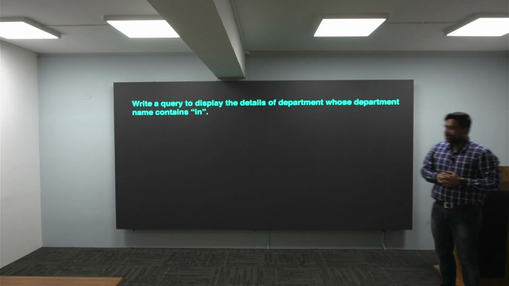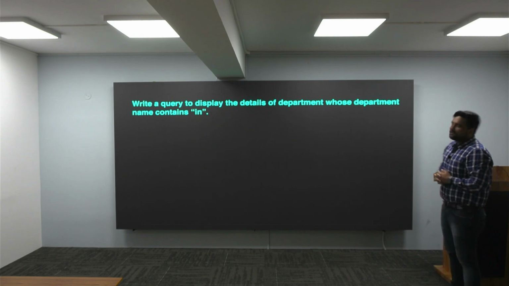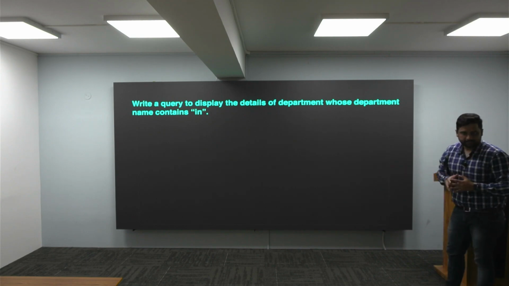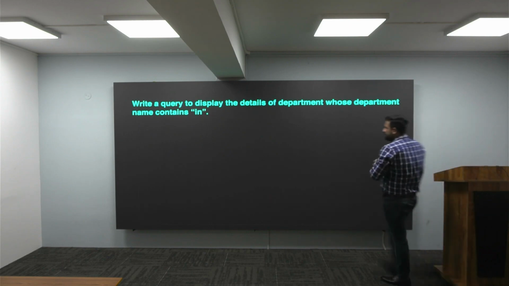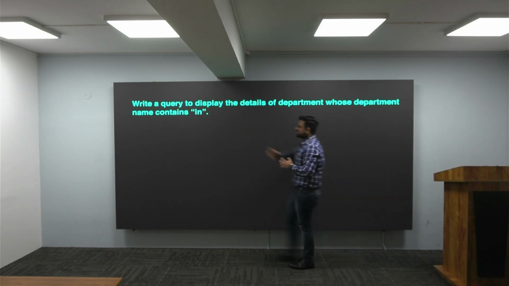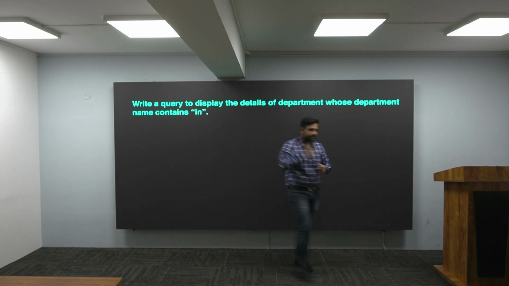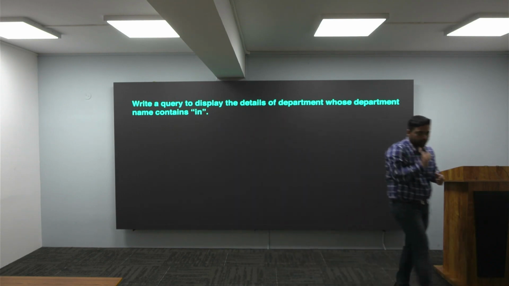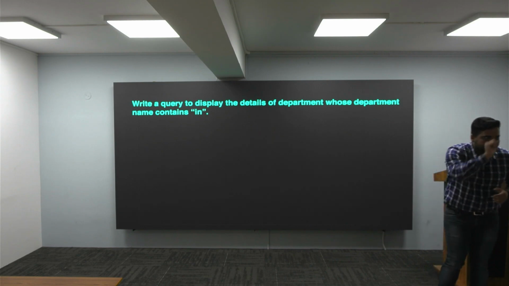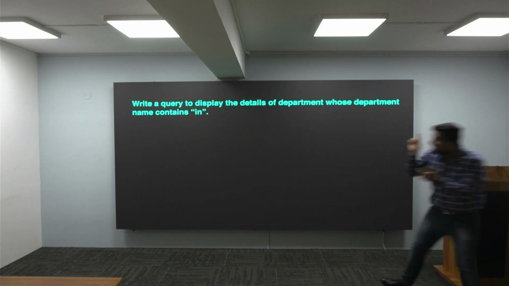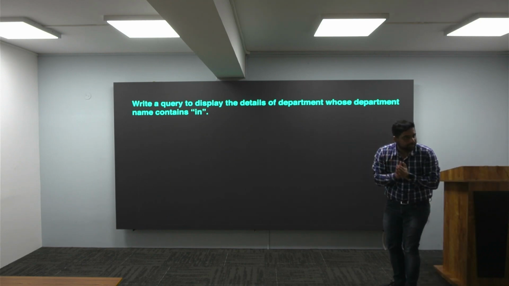So please have a look here. We have to write a query to display the details of departments whose department name contains IN. And my friend, how many characters has it given to us? 2. Here we can have 1 character also, 2 characters also, 3 characters also. But the characters should be present in a consecutive manner. Did you get this?